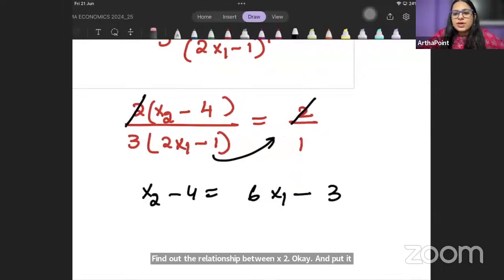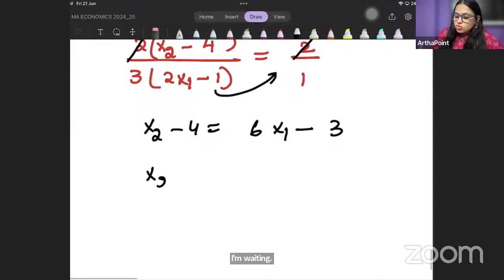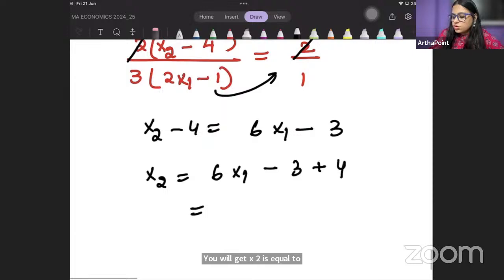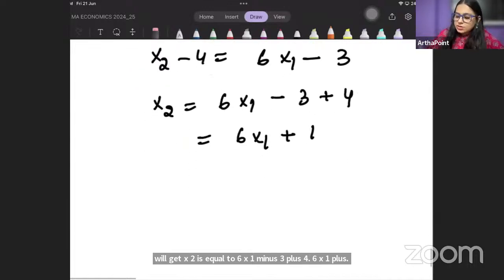Go ahead and do that. I'm waiting. You will get x2 is equal to 6x1 - 3 + 4, 6x1 + 1. ठीक है. बजट लाइन क्या है बेटा?